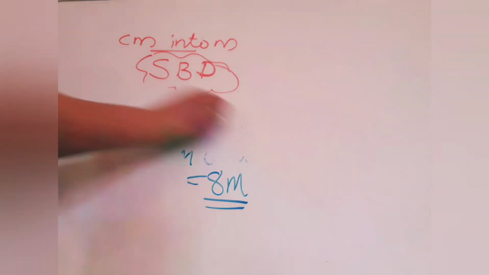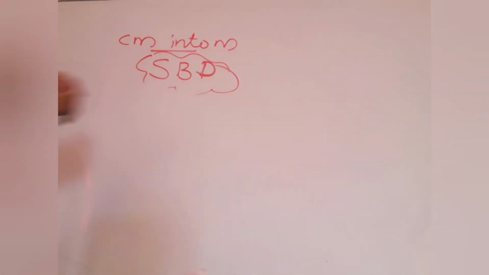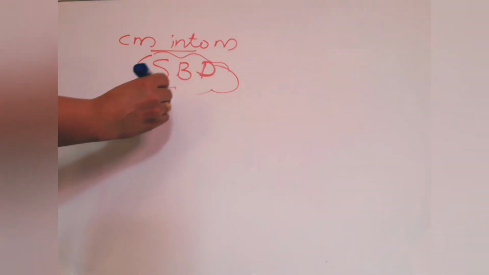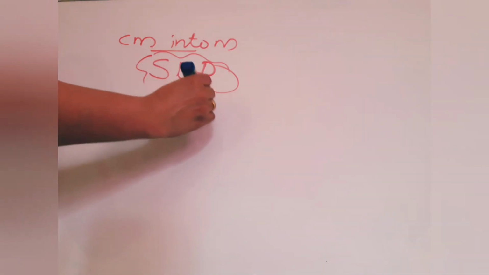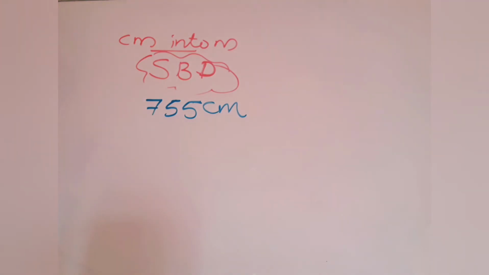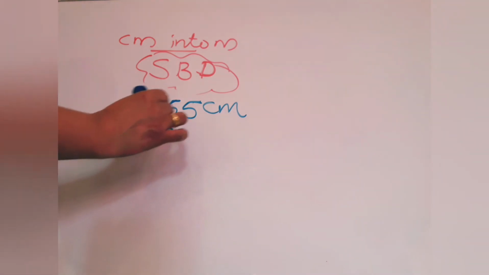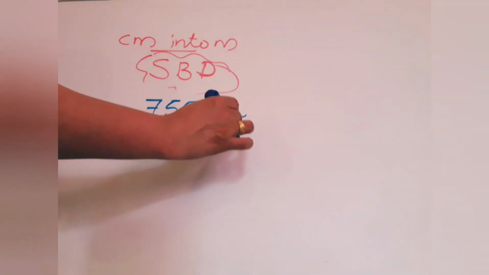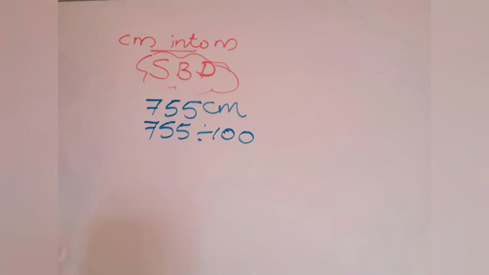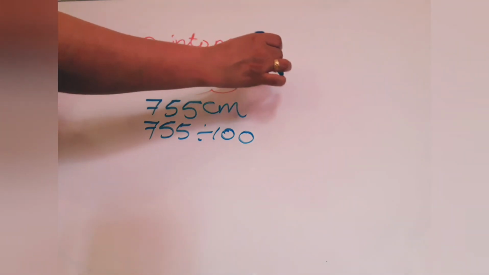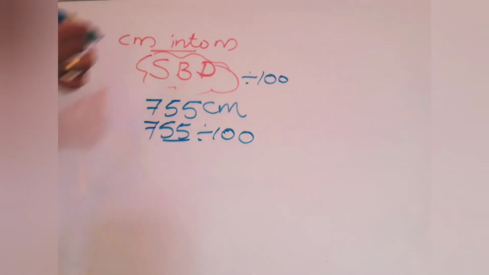Instead of writing 800 centimeter, I am giving another number, 755 centimeter. In this case, actually it is decimal, but you don't know what is decimal. So in third standard we are following 755 divided by 100. Centimeter into meter, division by 100. SBD, divided by 100. Now last two digit you underline.